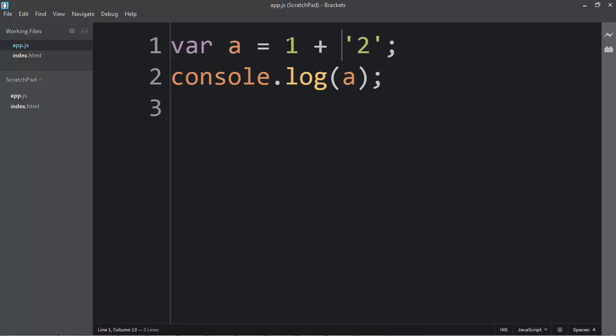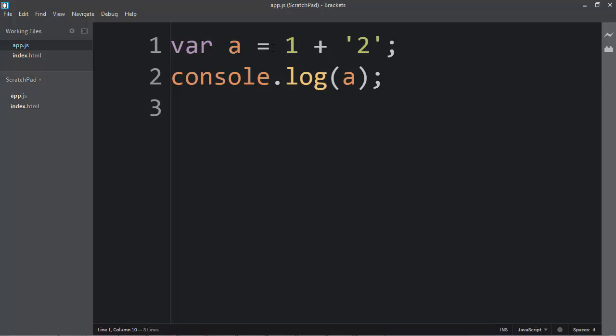And understanding that coercion is happening is very important, because you can avoid some important bugs and debug things when things look a little strange. For example, if someone had accidentally typed this, you would understand that 1 plus 2 is 12 because of coercion, because this is a string and this is a number, and it's being coerced.